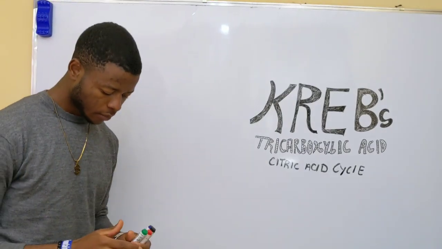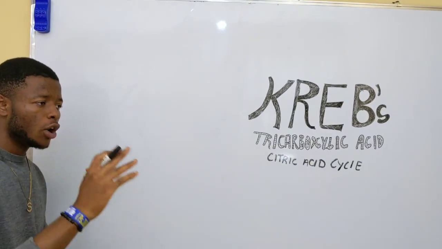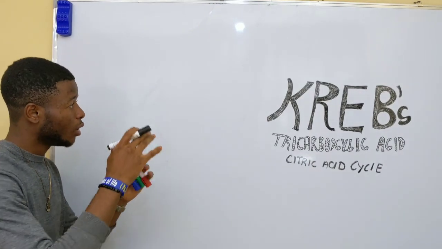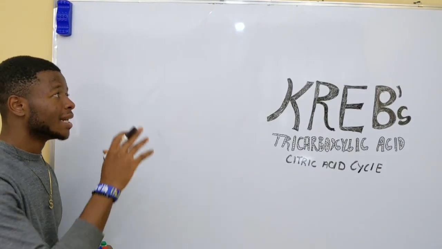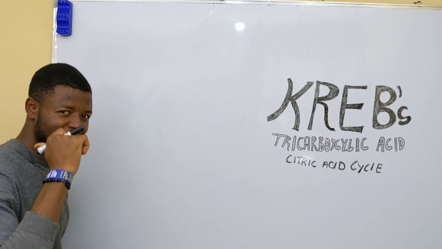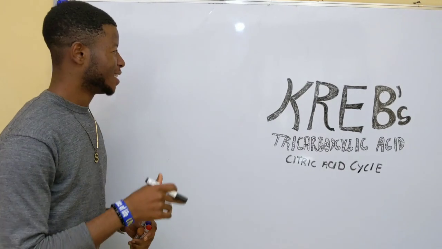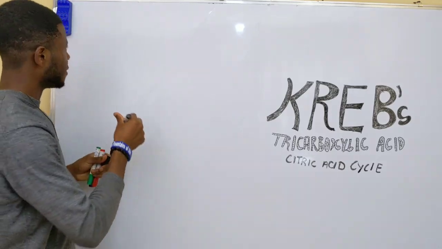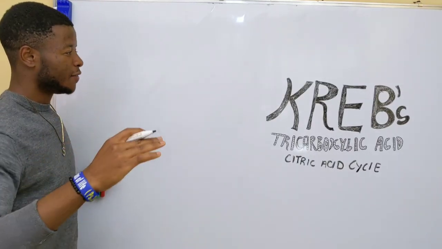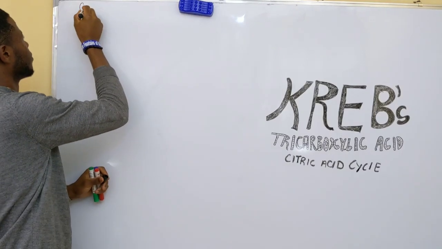Now, today, we are going to look at the Krebs cycle. And we know that we left the other pathway, which was the glycolytic pathway. If you haven't watched the glycolytic pathway, please go and check it and you will understand what it means. If you followed the other video, you notice that we used glucose, for example.